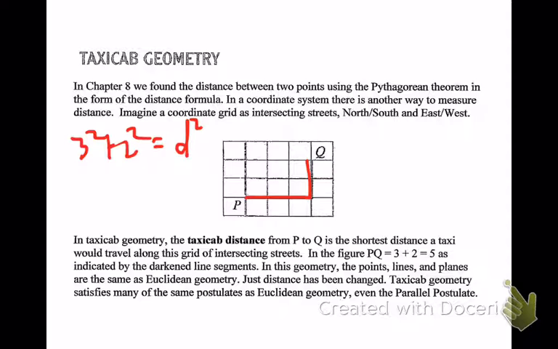In this geometry, the points, lines, and planes are the same as Euclidean geometry. Just the distance has changed. Taxicab geometry satisfies many of the same postulates as Euclidean geometry, even the parallel postulates. Alright. So everything's the same except distance in taxicab geometry.